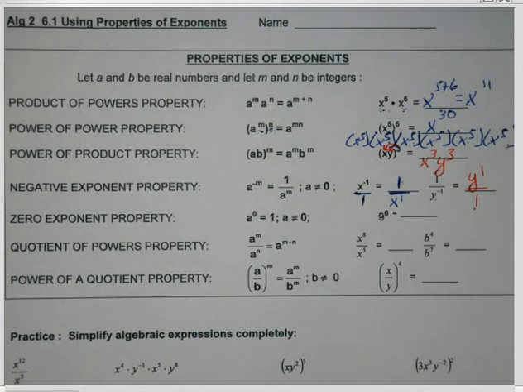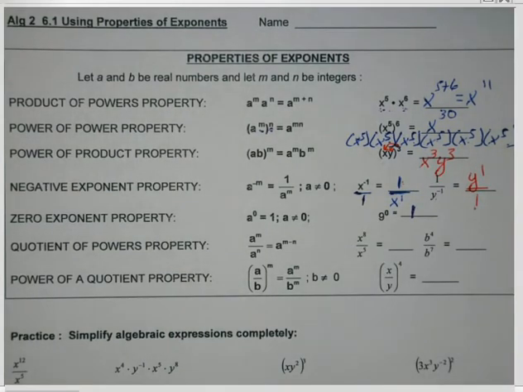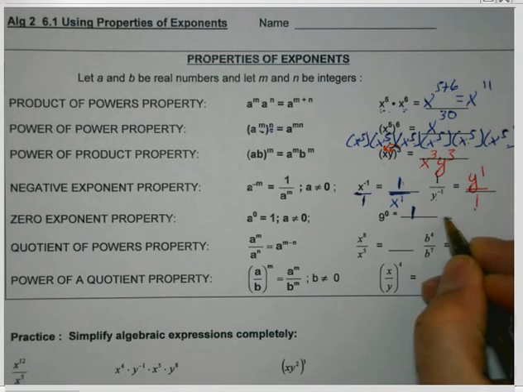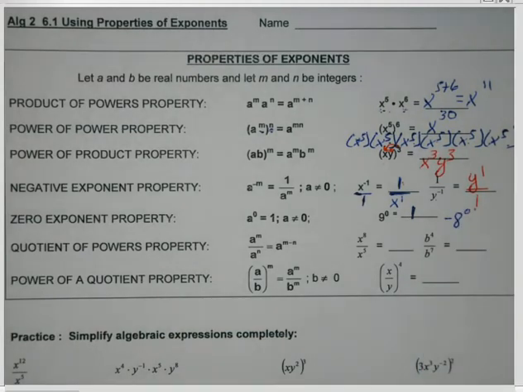0 exponent property. Anything to the 0 power, except 0, is 1. It's a variable. X to the 0 is 1. It's a number. 8 to the 0 is 1. The only exception, which we're going to put on here, let's say you had, not in parentheses, negative 8 to the 0.